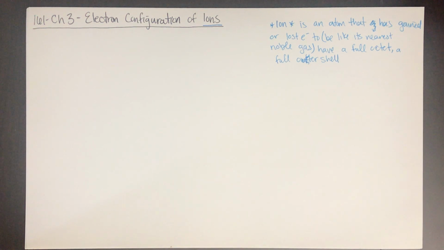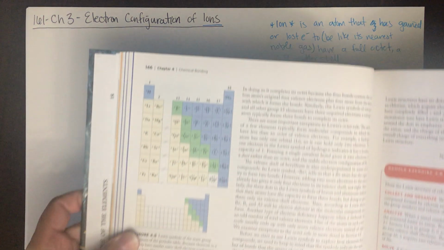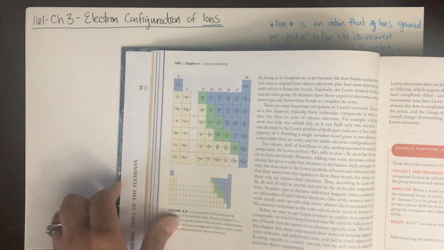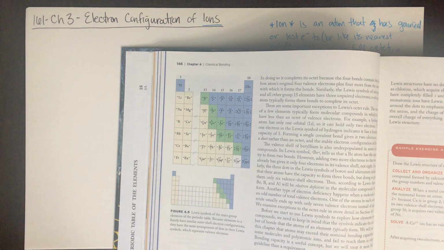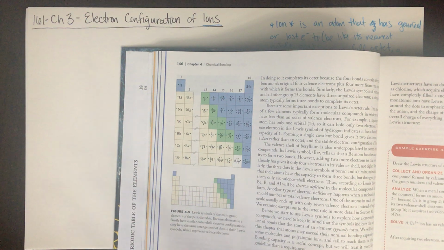So if we were to look at this, we're going to talk about this a lot more in chapter 4 when we talk about bonding, because bonding has to do with the number of electrons in the outermost shell. I'm going to show you this. This is from chapter 4, and again, we'll spend a lot more time on this in chapter 4. This is 4-5. These are called Lewis dot structures. It's on page 146 of my book.